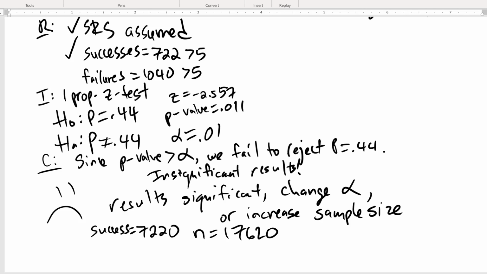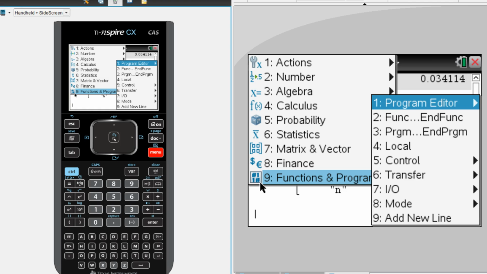The proportion is still the same, but we have a much larger sample size. You might think the result should be the same, but the z-score won't be the same. The distance away will be the same, but the standard deviation is much smaller. You have smaller deviation, which makes our results more significant. So let's test this out.